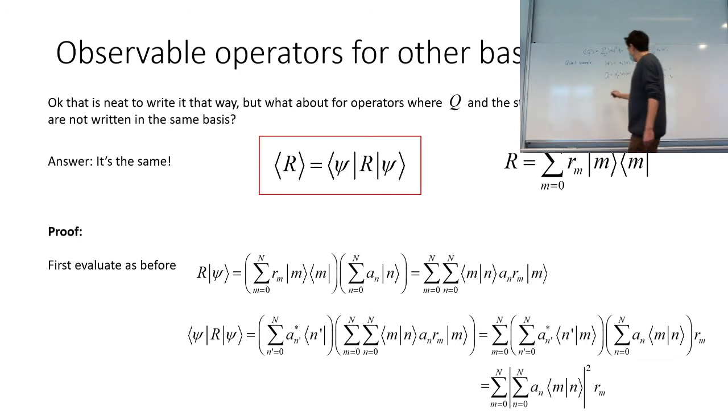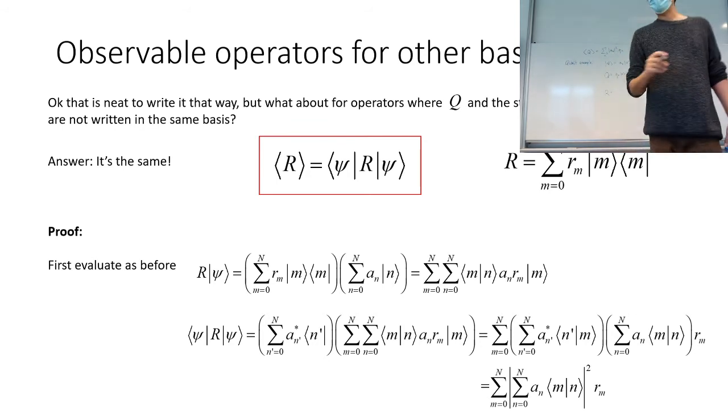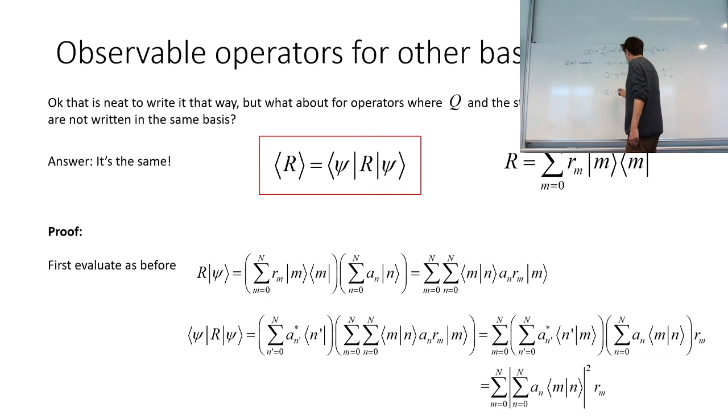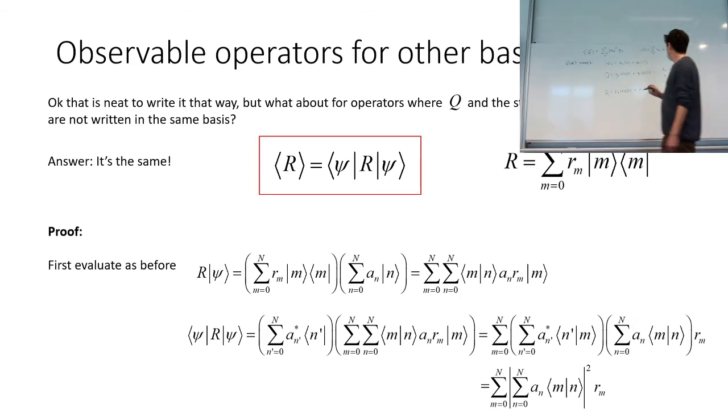Now the R would be some other observable, a different one, but it would be in a different basis. Let's say it's in the plus minus basis. Okay.